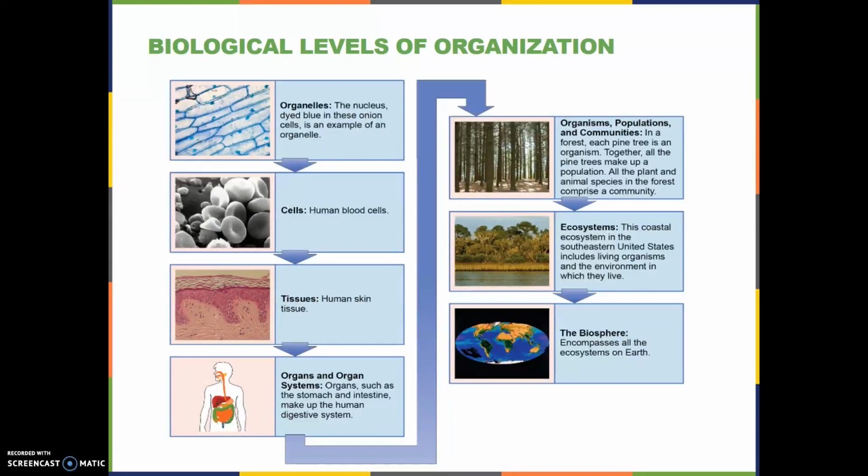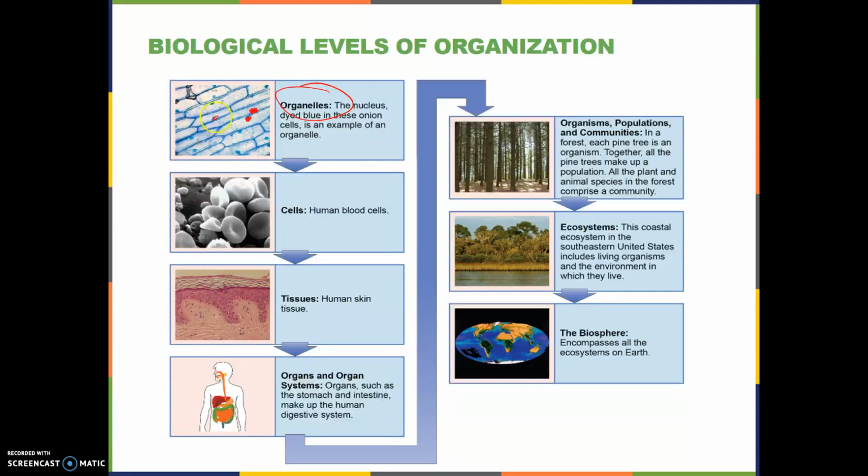And here is a chart that shows you a diagram of the levels of organization. It doesn't have atoms and molecules and macromolecules. It starts with organelles. Here is a picture of these little cells that contain the nucleus. In these cells, the nucleus is dyed blue. So you see it here and you see it here.